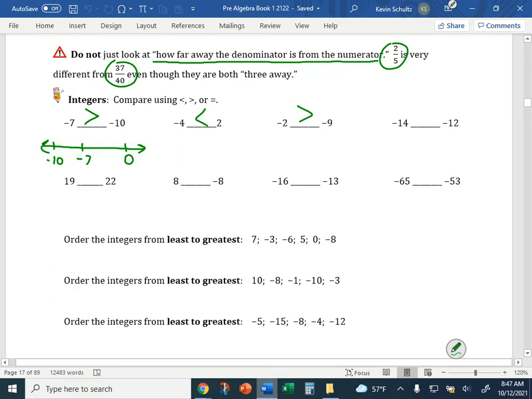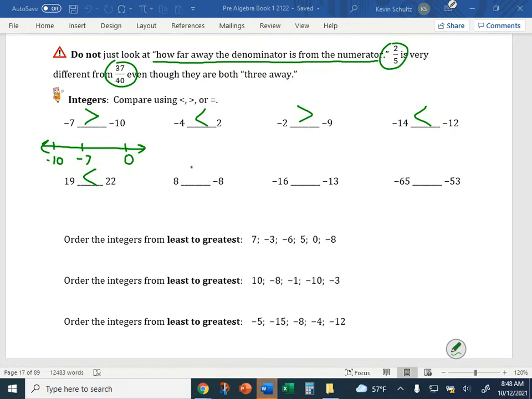Raise your hand. -14 compared to -12. What do you get? Tony? Less than -12. It's further to the left on the number line. -19 is, Haley? Less than -22. It is further left on the number line. 8 is Dayton.